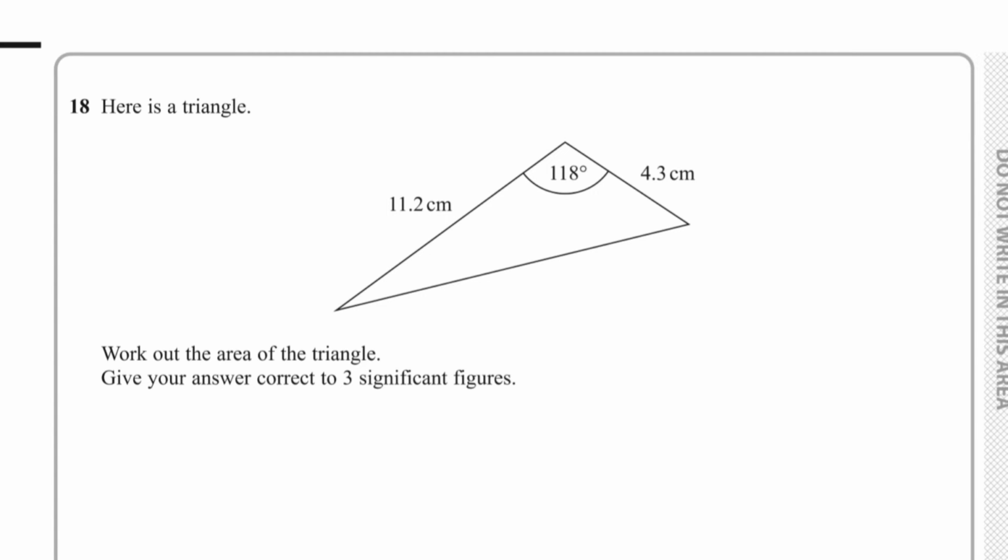Question number 18. Here is a triangle, and we have to work out the area of the triangle to 3 significant figures. Well, quite simply, the area is equal to 1/2 times 11.2 times 4.3 times the sine of 118 degrees.